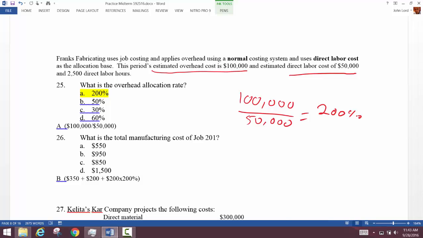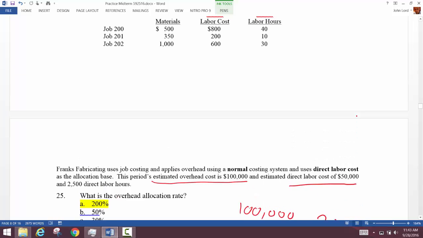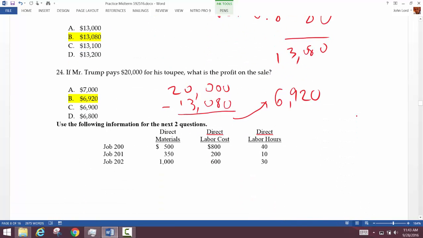Okay, so if you want to figure out job 201, scroll back up a little bit. You've got your direct materials, 350. Why don't you write that in? Good, and then you've got your direct labor of 200, and then how do you want to do your overhead?